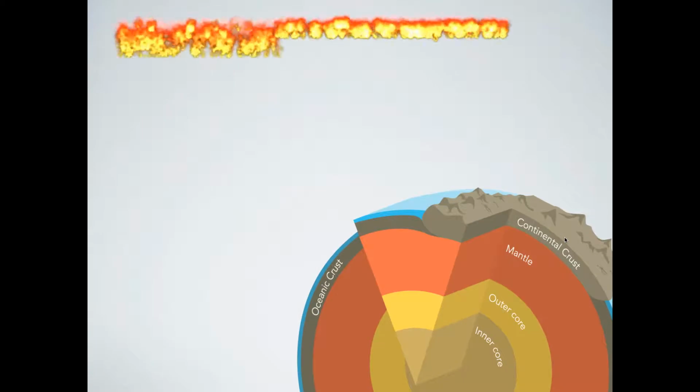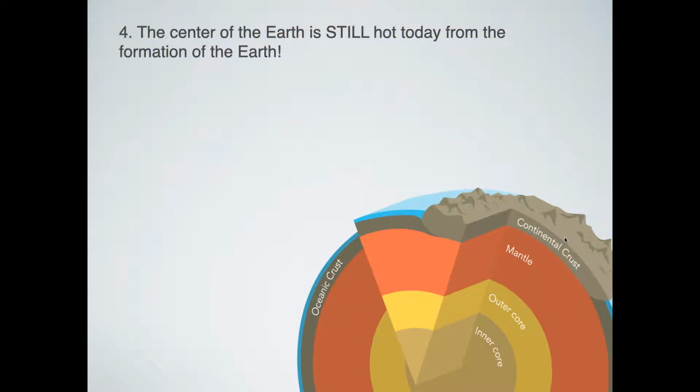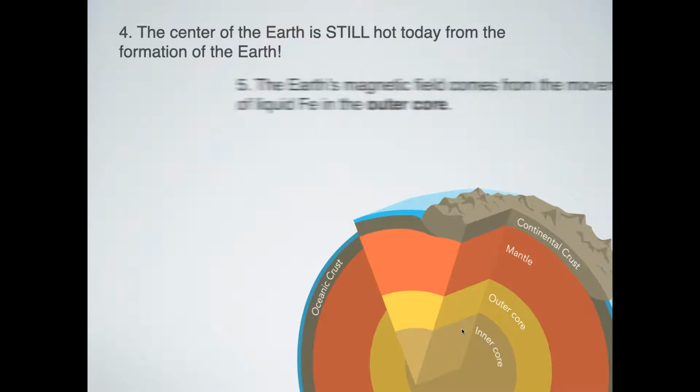Now, keep in mind, the center of the Earth is still extremely hot today, and it is residual heat from the formation of the Earth. So the reason why we have a molten interior on the inside of the Earth is because it's still hot today. It's been 4.5 billion years, and the core is still extremely hot.